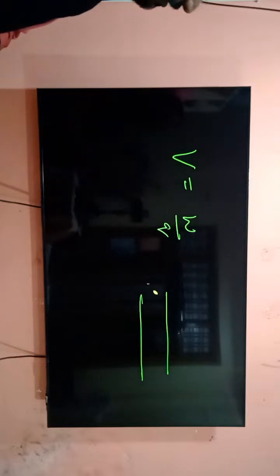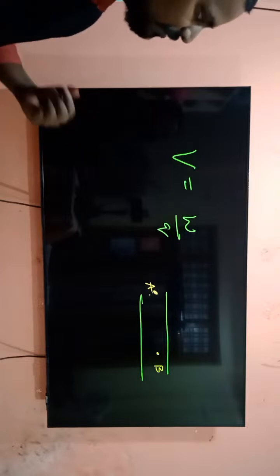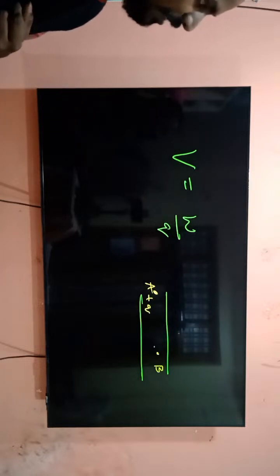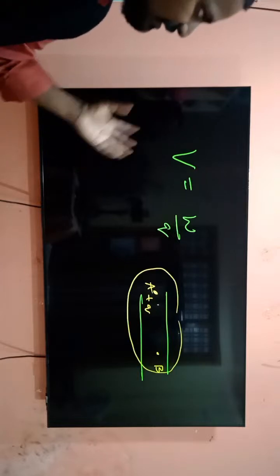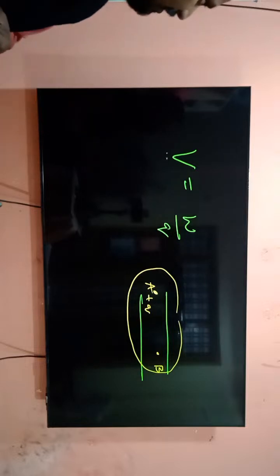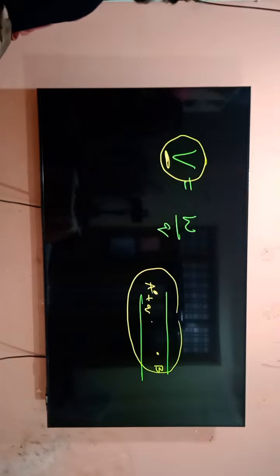Taking this point A and this point B, the work done to bring unit positive charge from point A to point B within the conductor, or within the field, is called potential difference.